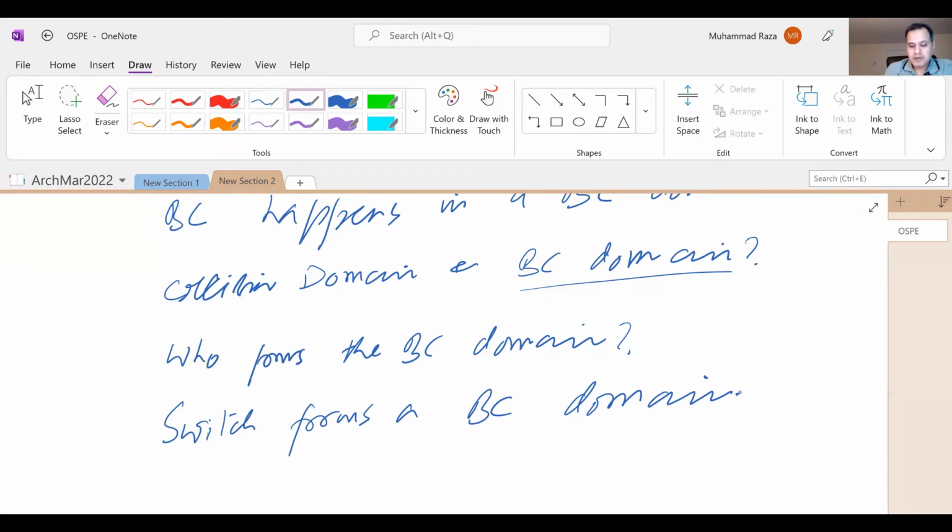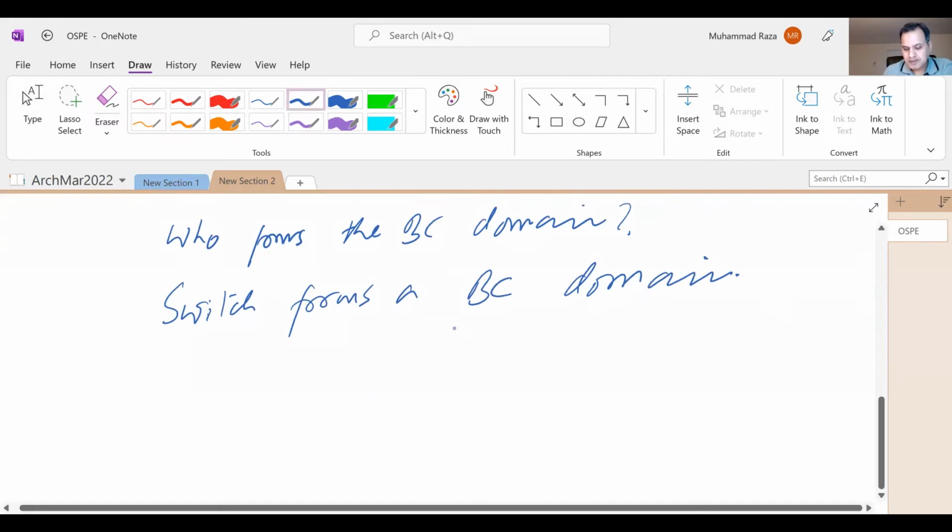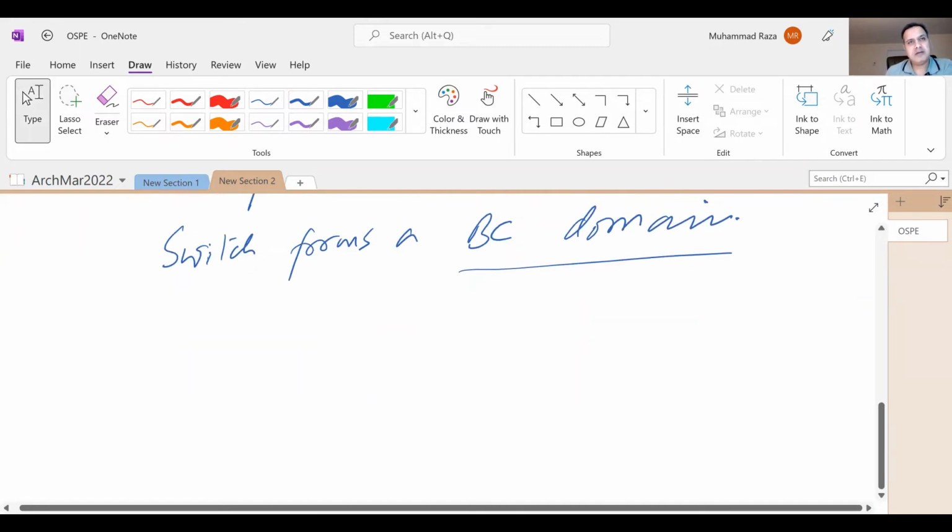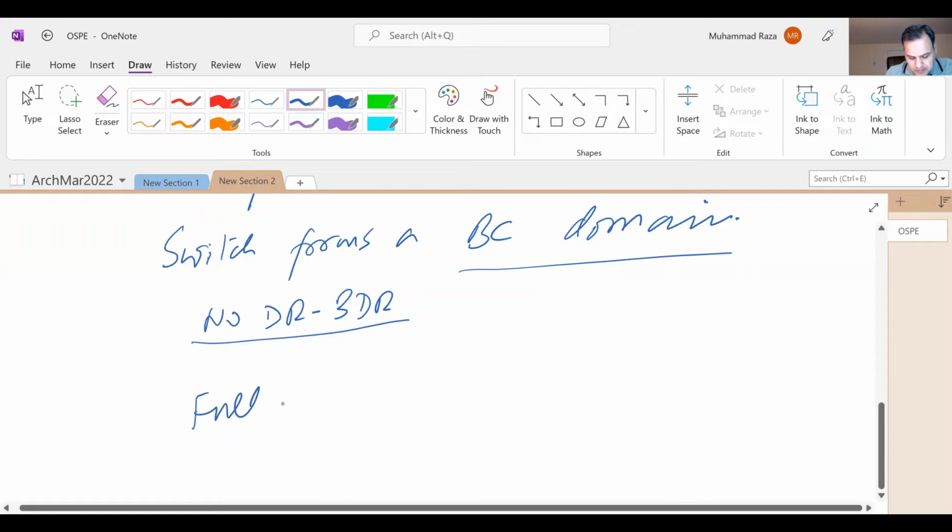So in a broadcast domain, I have to see what the difference is when DR, BDR is not there and when it is there. When there is no DR, BDR, I have to have full mesh adjacencies.